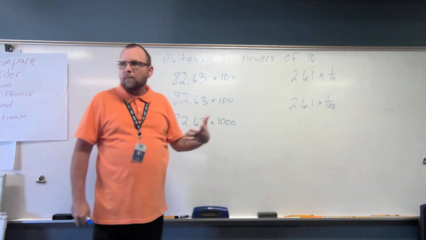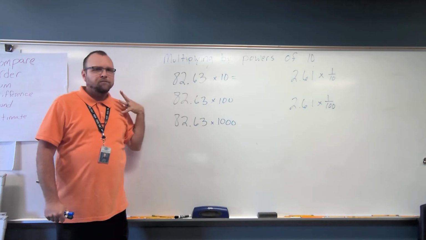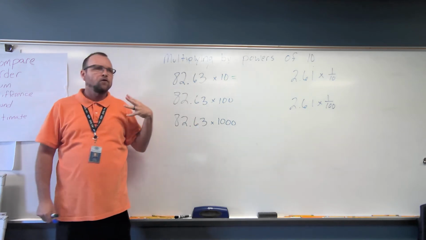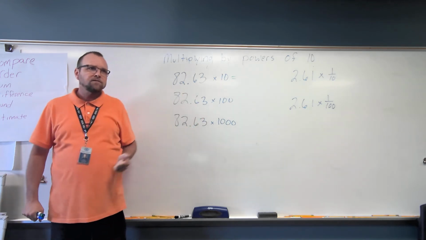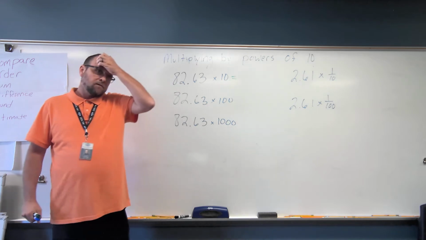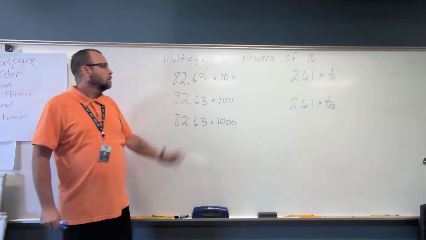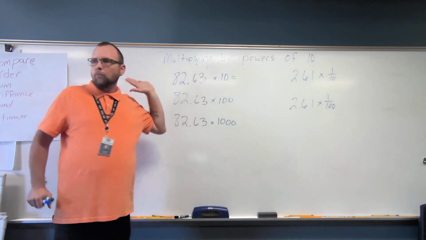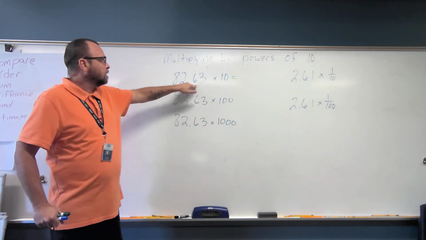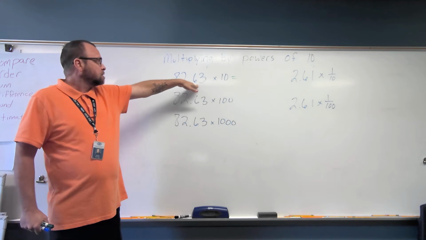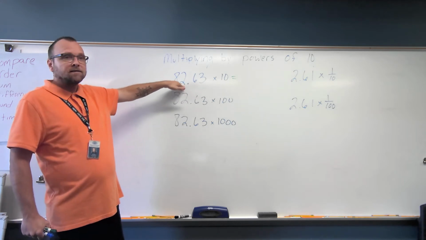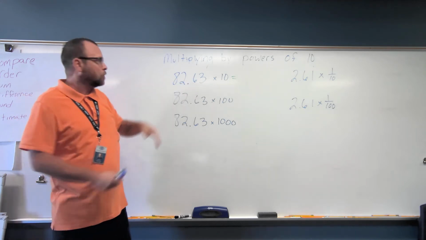Does anybody remember when we're multiplying by powers of 10, how we can make our life so much easier? Knox? You move the digits up. Okay, so I'm shifting the digits up 1 or moving the decimal point. I'm taking the 6/10 and making it 6 ones, so it's 10 times greater.